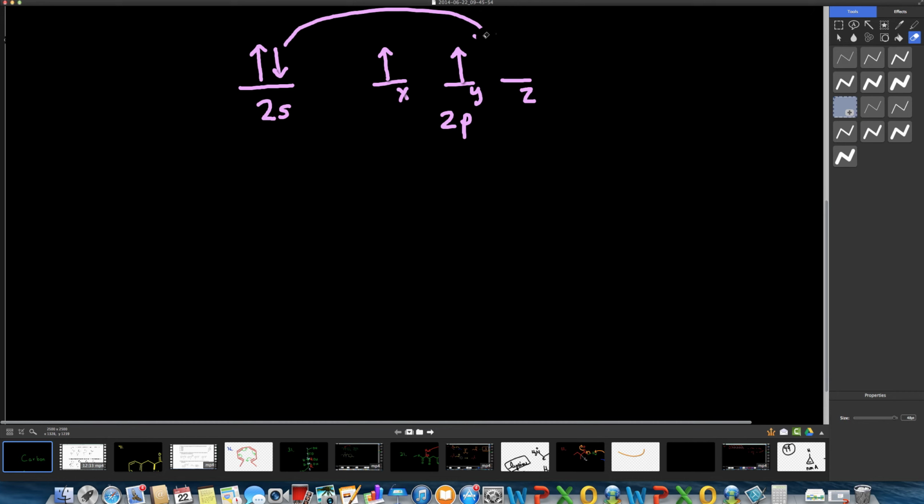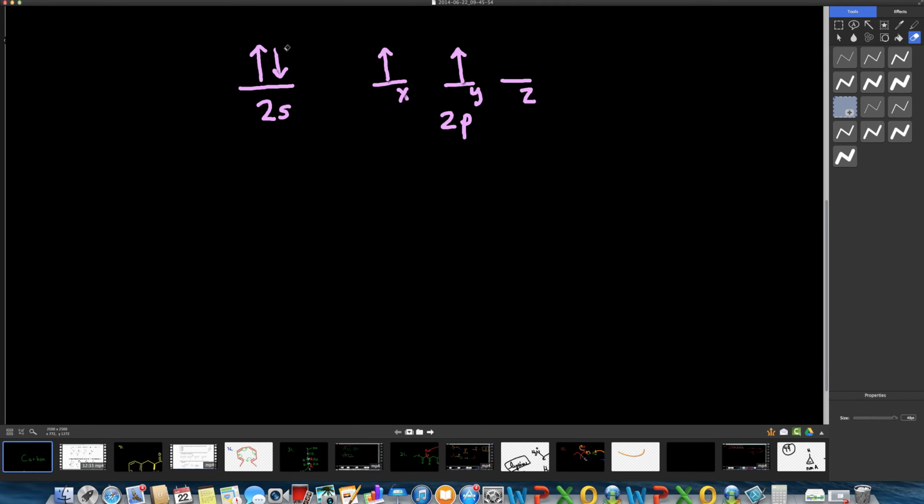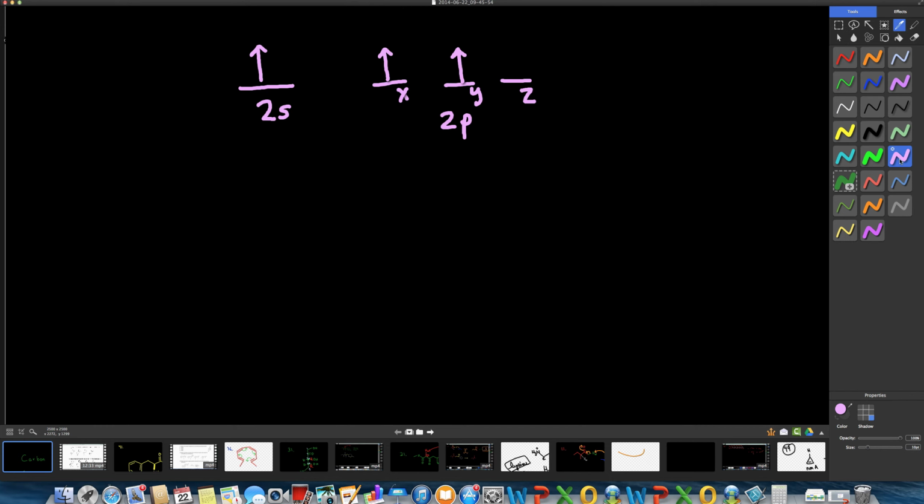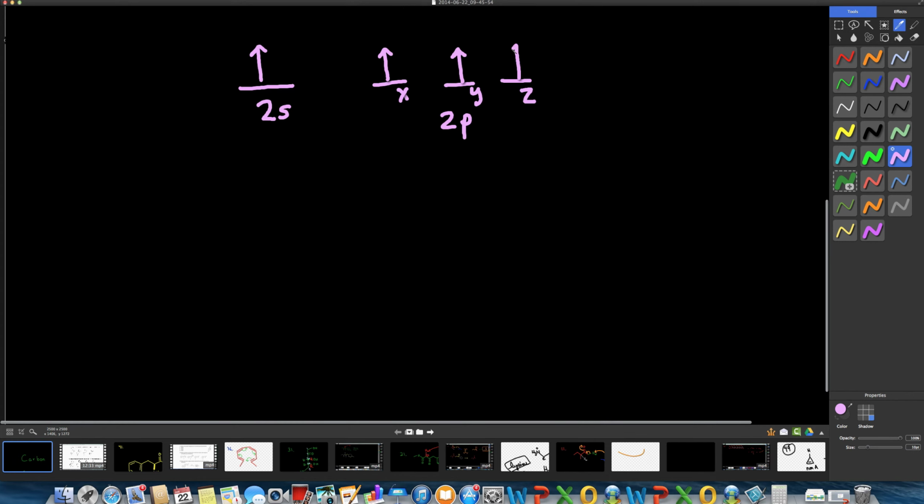And so if this occurs, then rather than having 2 lone electrons, we are going to have 4 lone electrons. And now carbon is capable of making 1, 2, 3, 4 bonds. These 4 bonds will be made no matter how we choose to mix the orbitals.